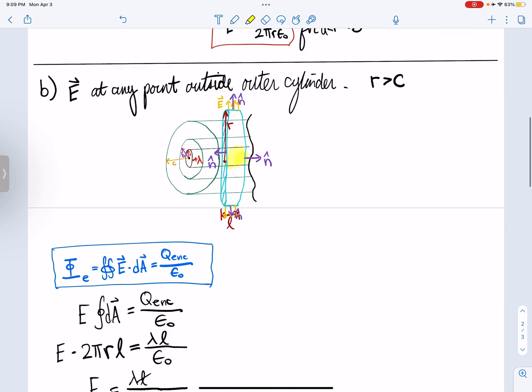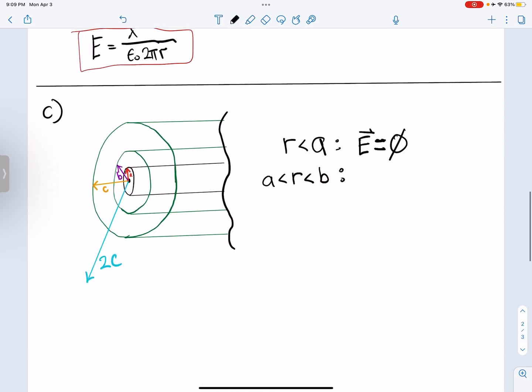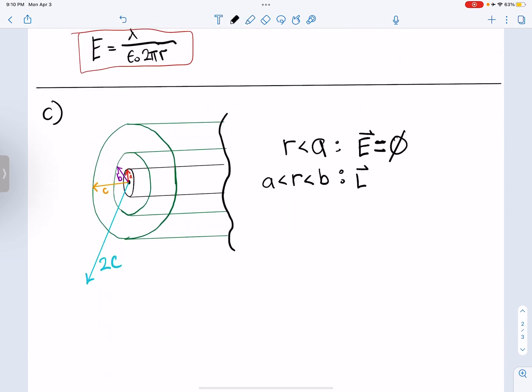So I'll write that down. When r is greater than a but less than b, the electric field is lambda over 2 pi epsilon naught times r.